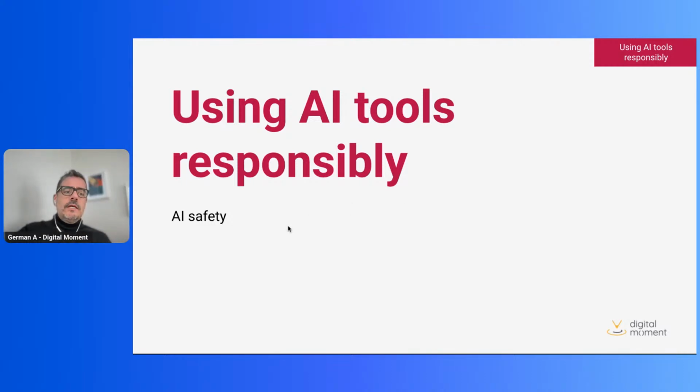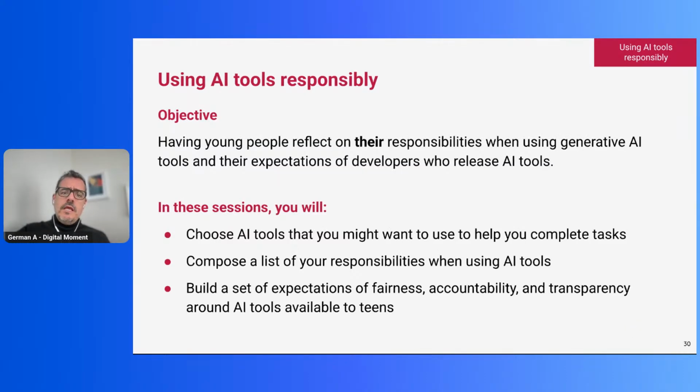The third one has to do with using AI tools responsibly. We've been talking about that in different ways, but in this one, we're going to see having young people reflect on their responsibilities when using generative AI, very similar to the first one, but we're using it indirectly.